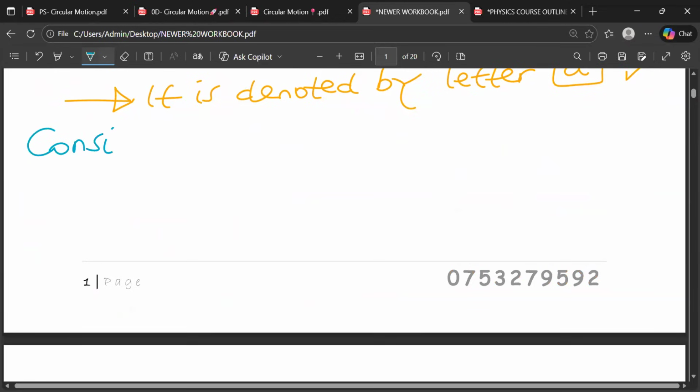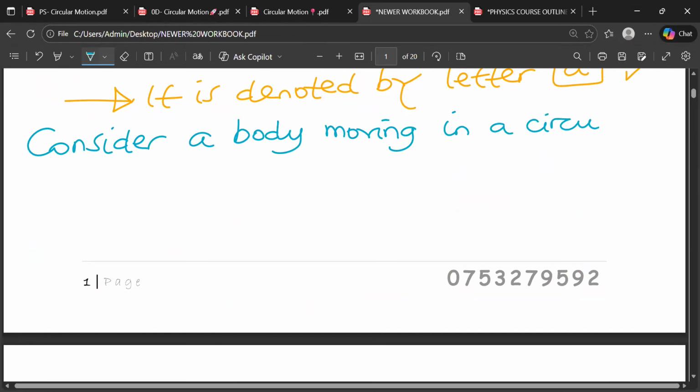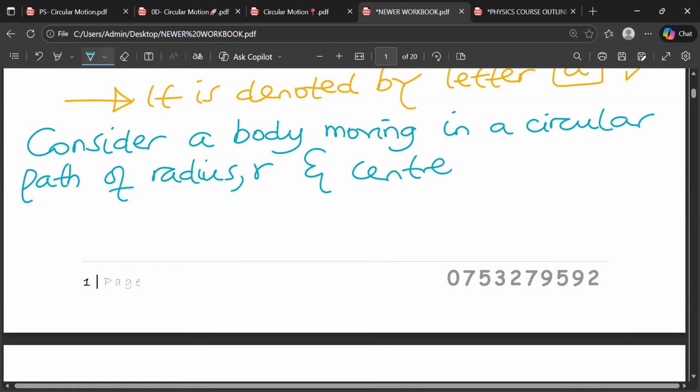Let's say that we consider a body moving in a circular path, of course, along the circumference of the circle, of radius, we always use small r, and of course, center O. So that you're aware what O is and what r is.